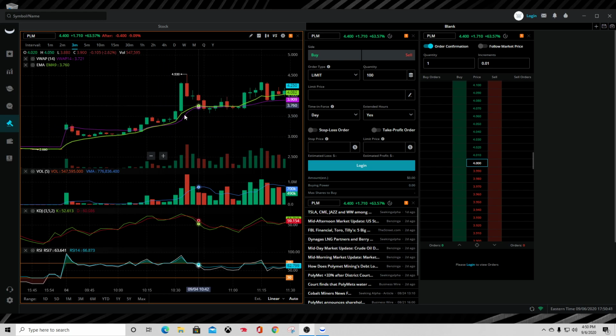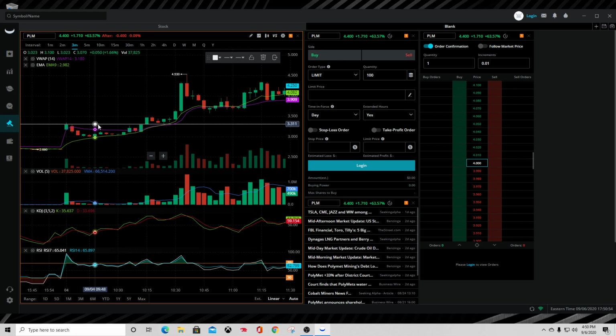So about 330 is where that support line is. Then you look over here at what your initial morning high is. Let's draw a line across that. It's roughly about the same, about 331, 330 area. So we know that's a potential support zone, right? So that's what we want to use as our stop.